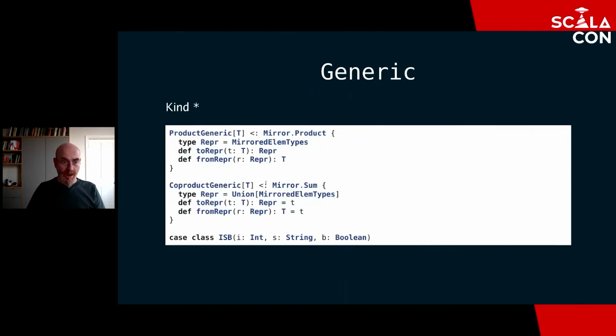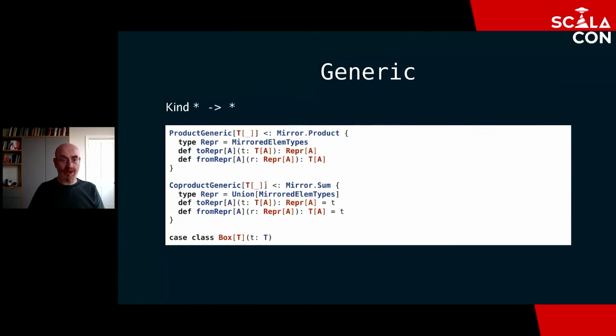So this is the generic, which I'm not going to talk about a huge amount. This should look fairly familiar to people who have seen Shapeless 2's generic. Things get interesting when we start looking at the way it generalizes over kinds.